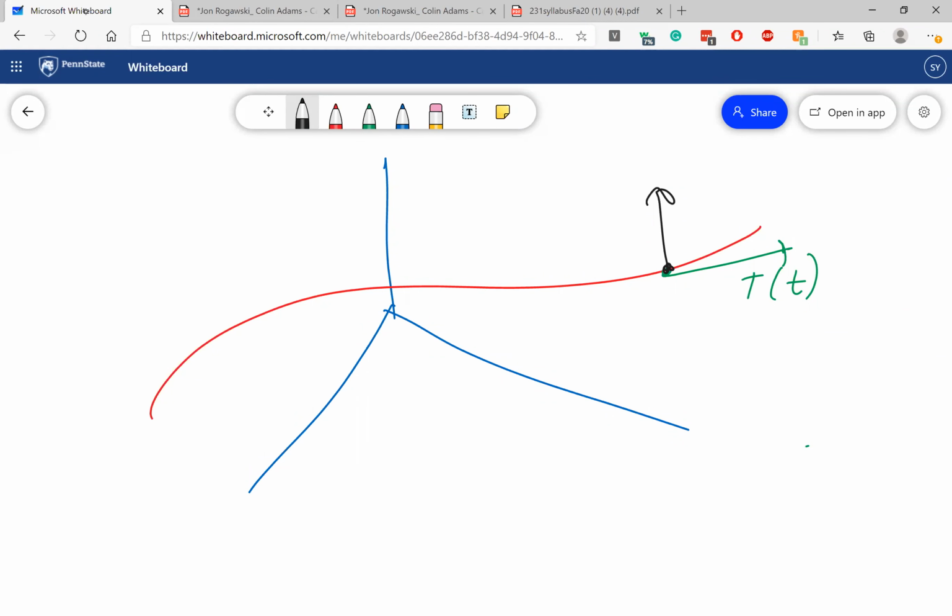So this over here, n of t, would actually be t prime of t over the magnitude of t prime of t. Okay, and that will be our normal vector.